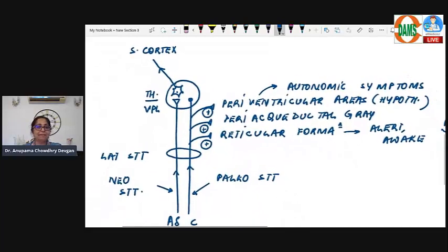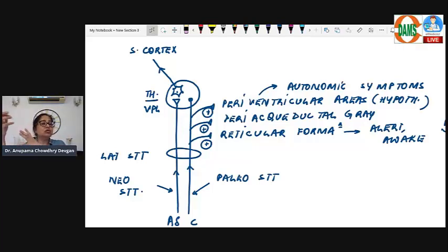Let's see them once again. I've given you the differences between fast pain and slow pain, right? Now, there are also differences between the A delta and the C fibers. A delta fibers, which are for fast pain, and C fibers, which are meant for slow pain. A delta is known as the new spinothalamic tract because in terms of evolution, it came later.